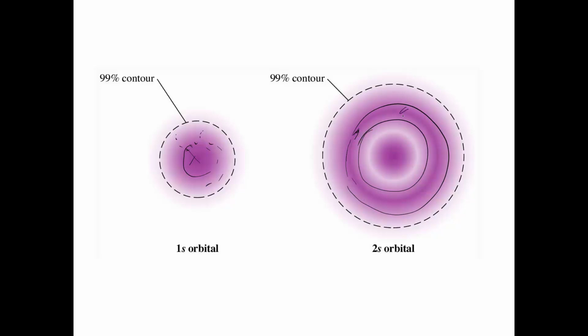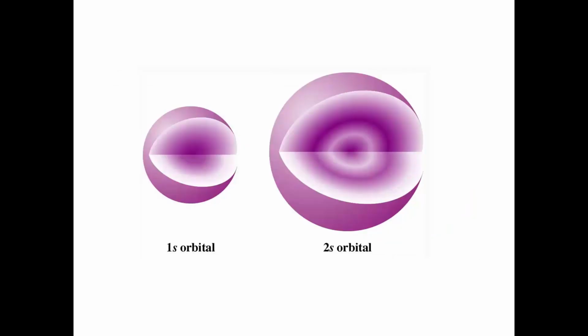You have to remember this is just a cross-cut, so you get a 2-dimensional idea. Now here's your 3-dimensional idea. The 1s orbital is really a ball of electron density, and the second one is further away.